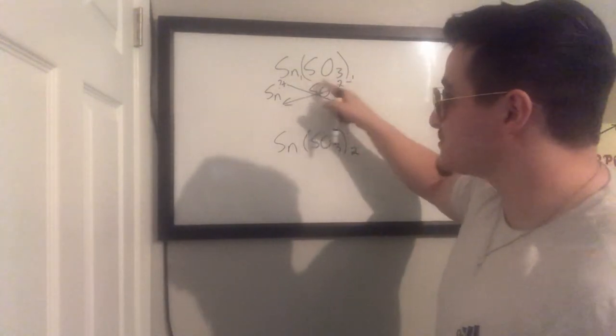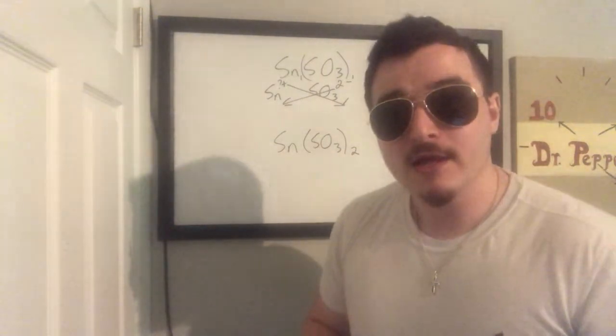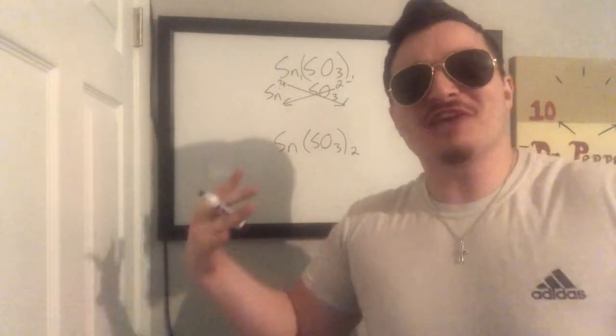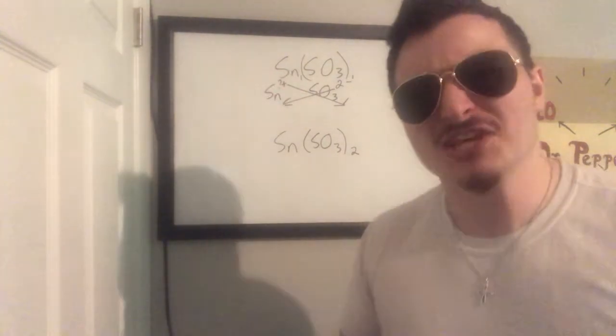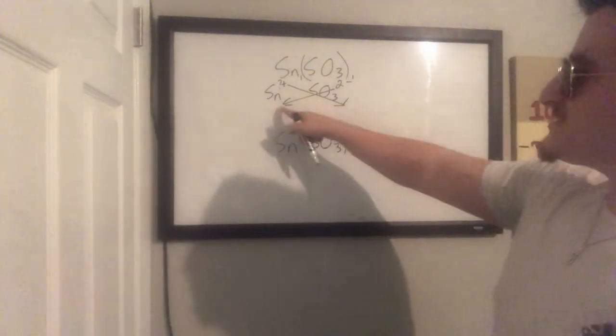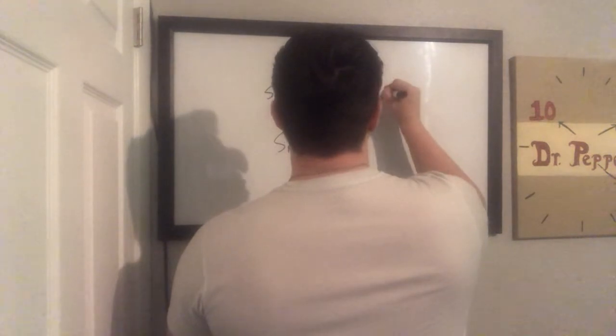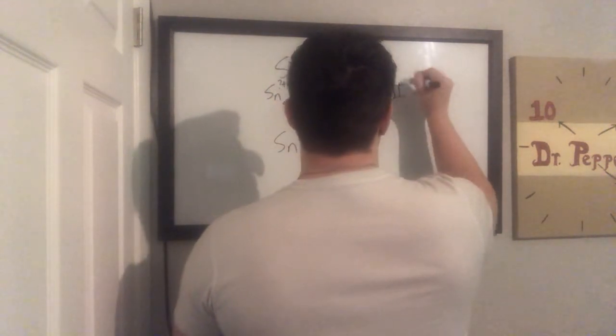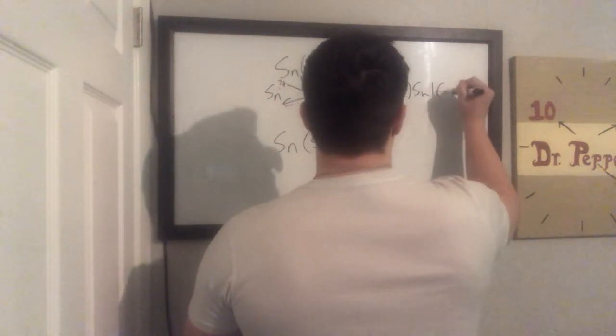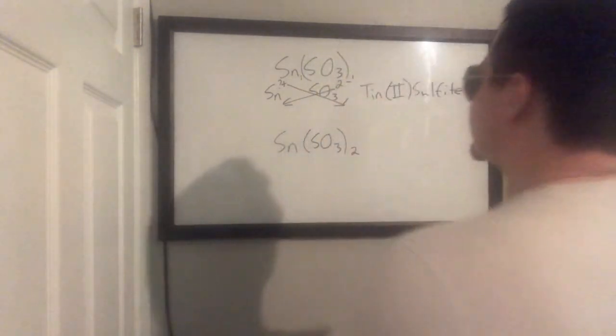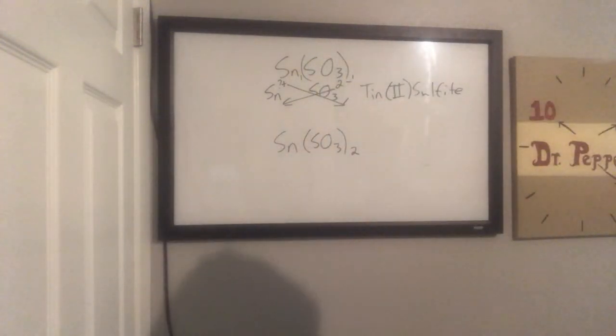And if both of these numbers reduce to 1, then that means both of them were the same charge to begin with. Ludicrous! So this is not just tin sulfite. This is tin 2 sulfite. Boom! Like so. Not so bad, easy peasy.